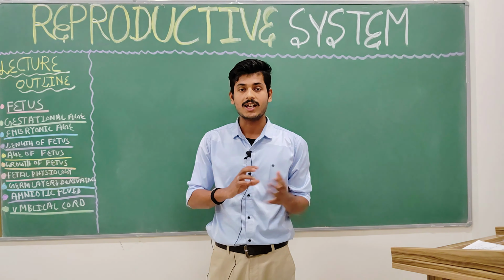Now come to the point, make the heading about the fetus. How will you define the fetus? There are two things you have to define. The first is the embryo, and the other is the fetus. How do you define the embryo and the fetus?